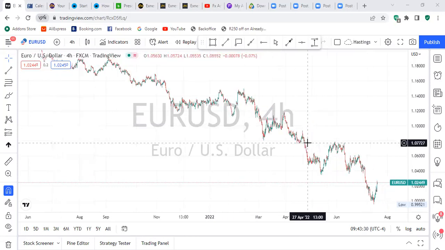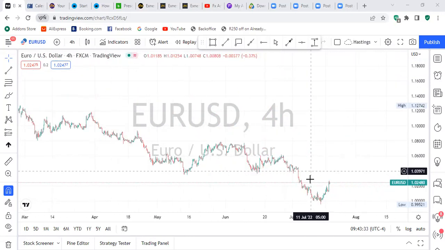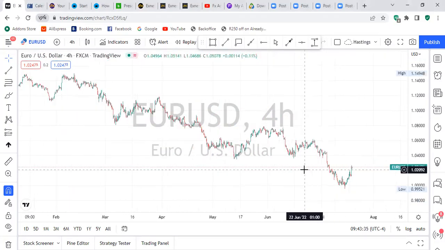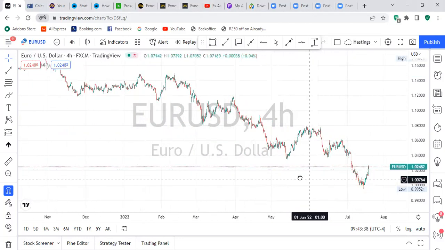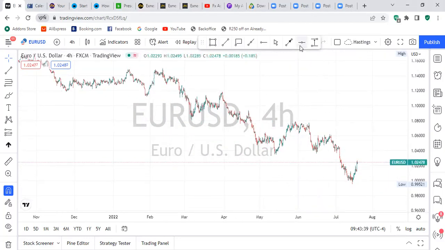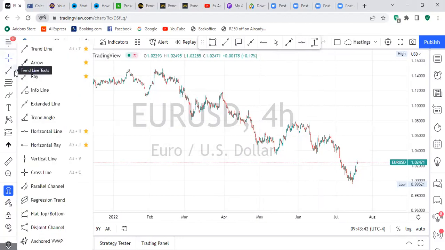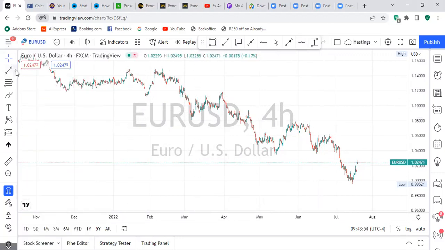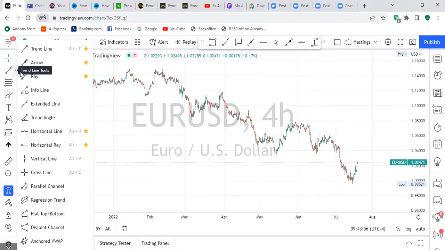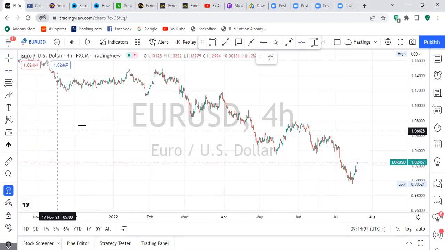Let's say here on this chart, I'm going to take my horizontal line. You get all your drawing tools on your far left. So I came here, I clicked here, and I want my horizontal line here, this one.